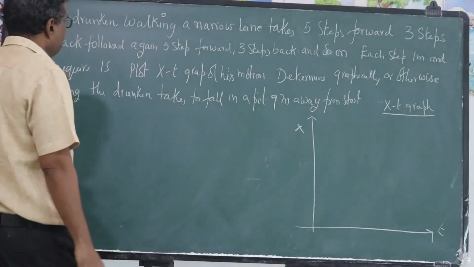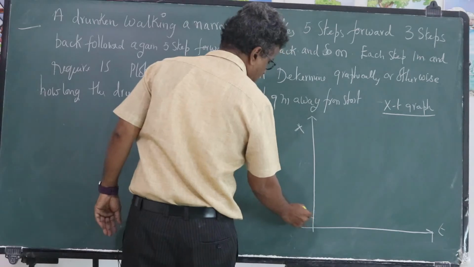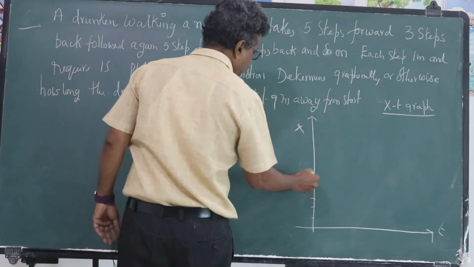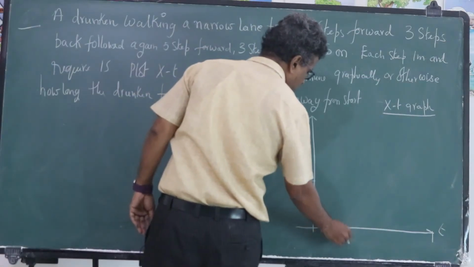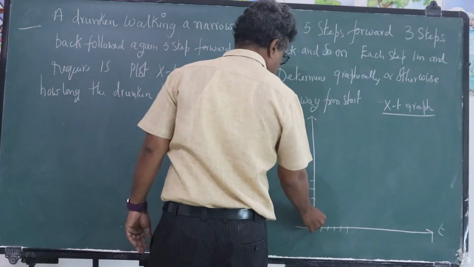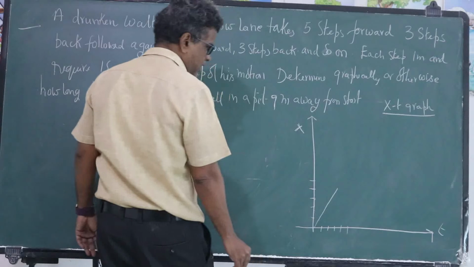For 5 steps forward, take the scale 1, 2, 3, 4, 5. In 5 seconds he moves forward, so the x-t graph is a straight line.